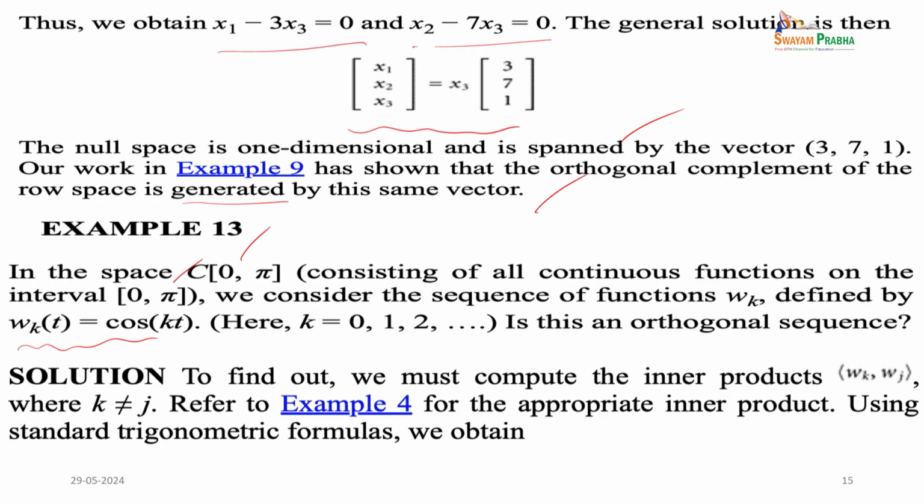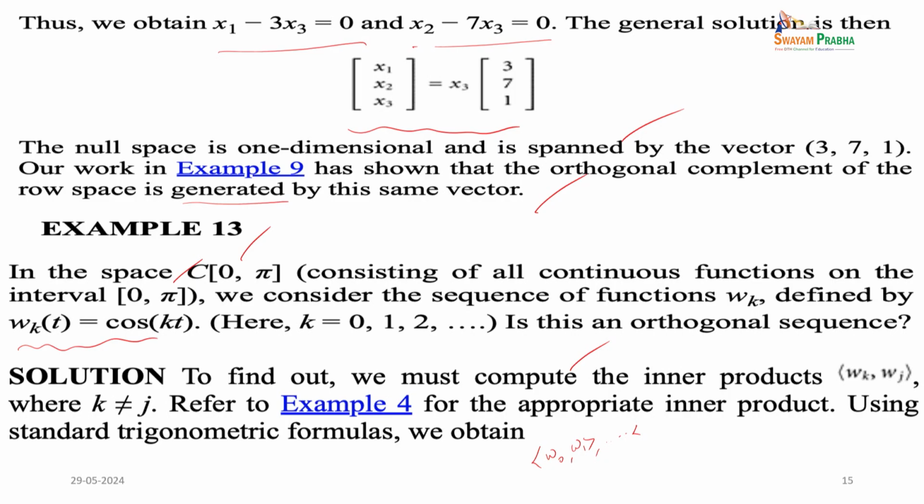The technique is to compute the inner product of wk and wj, where k and j are not the same value. Suppose you start with w0 and take w1, and go ahead like that, with k and j not equal.